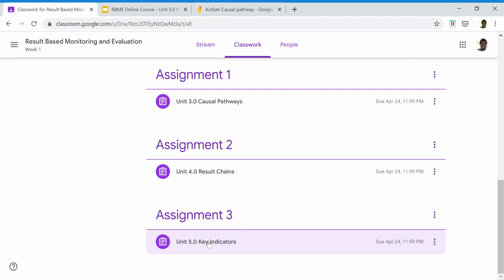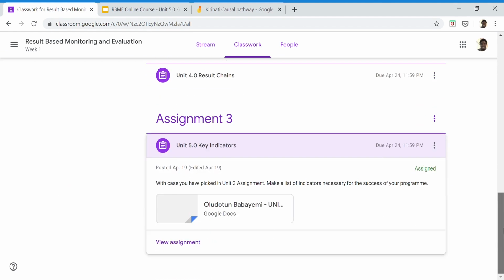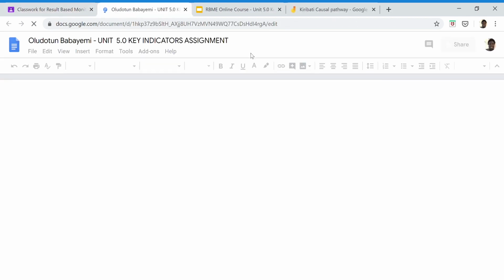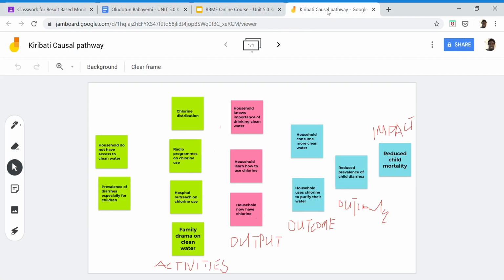This is the unit 5 key indicators. There's a document here. We're supposed to make a list of indicators necessary for the success of our chlorine distribution program, which we already did a theory of change for.